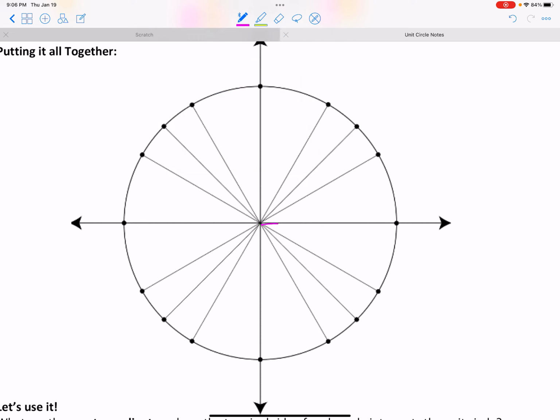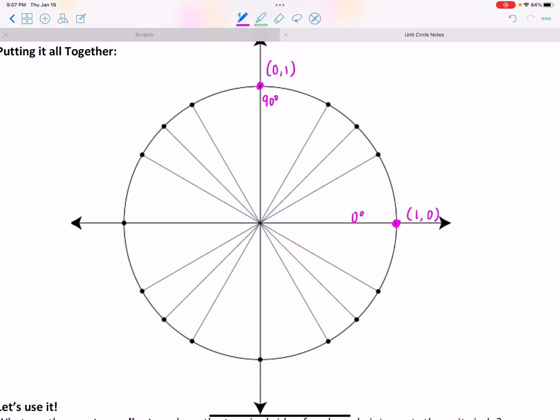If I start here and I don't go anywhere, I'm looking at technically a 0-degree angle. And remember, this is a radius of 1. So we said the coordinates here would be 1, 0. So a 0-degree angle intersects the unit circle at the coordinate 1, 0. And then I know if I go up here to 90 degrees, the coordinates here would be 0, 1.